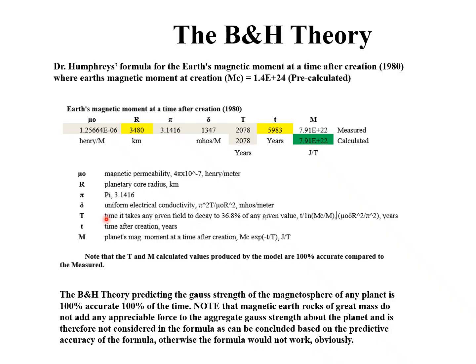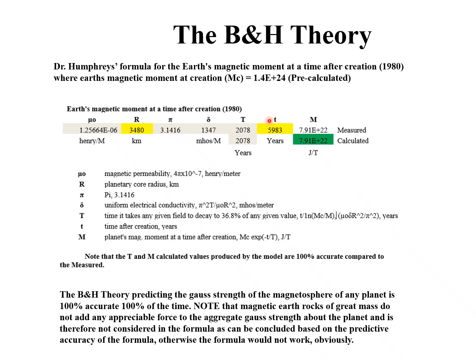T is the time it takes any given field to decay to 36.8% of any given value. And here are two formulas to determine that, but those are also measured and given in Dr. Humphreys' chart for all the planets.